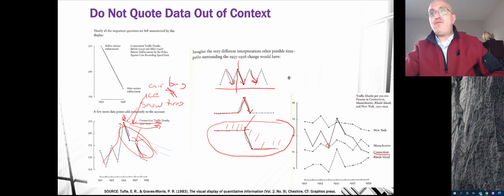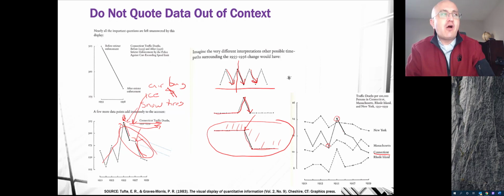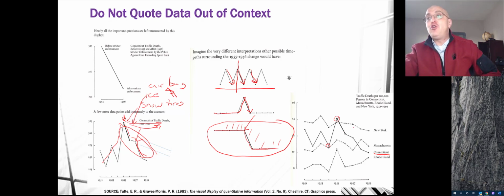When we get to 1955 and we're like, we need to do something, well, one of the first questions we should ask is, what makes us believe that this is an abnormally large number of traffic deaths? Well, when we put it in a comparison with New York, Massachusetts, Rhode Island, states that are close, with similar climates, similar traffic, oh yeah, well that looks like we're ahead of the pack.